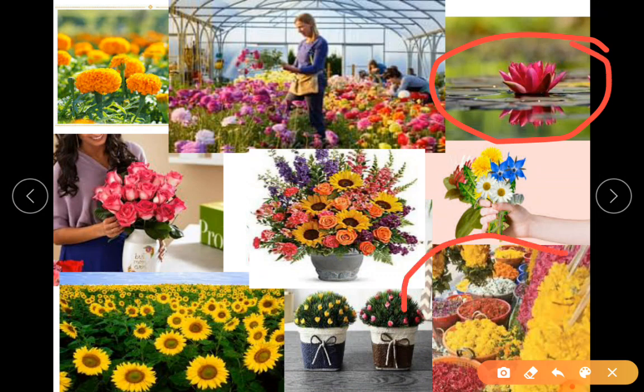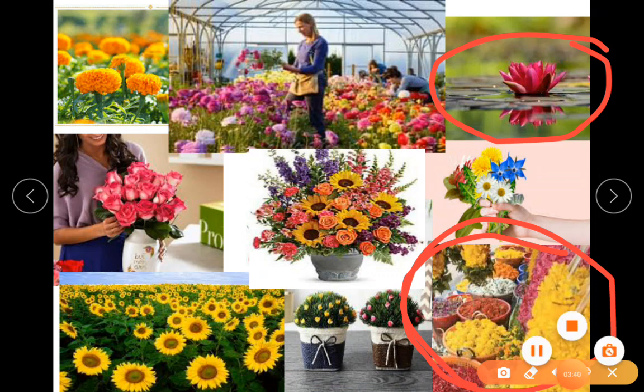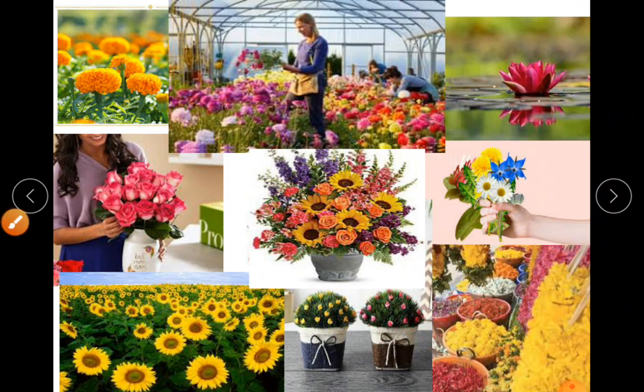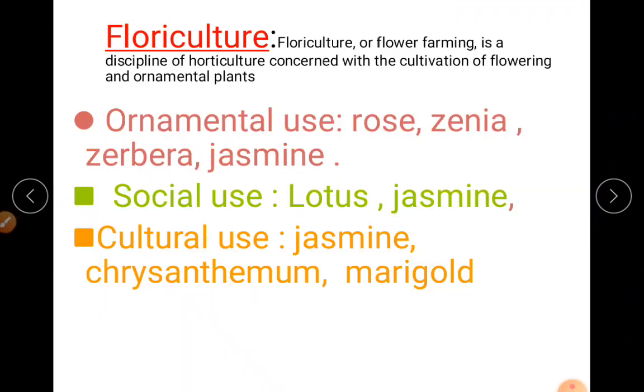You all can notice here what I've kept. This portion is your flower stall. The garlands are there. You all know very well where they are applied. I will not go into detail, just talking about the flowers, where all they can be used.